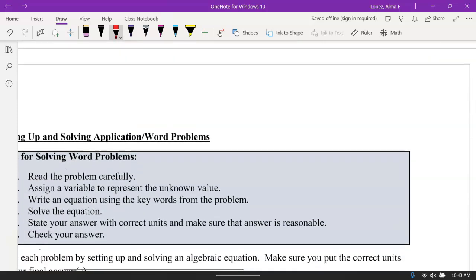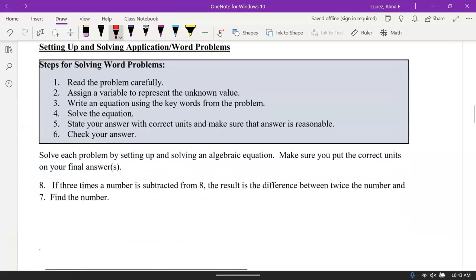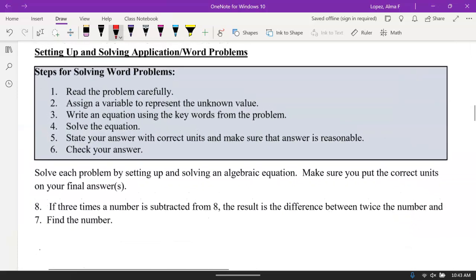All right, let's go on and do some notes first. Setting up and solving applications and word problems. First thing you want to do always, and I do agree with this completely, you want to read the problem completely first and look for any kind of things you can identify. Then you want to assign a variable to represent what we don't know. We've been calling that x so far.